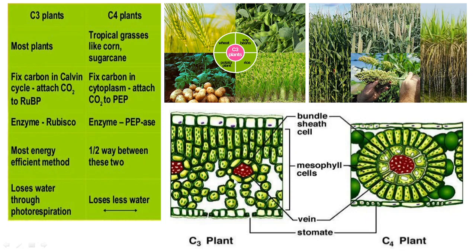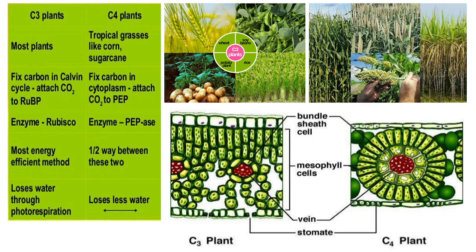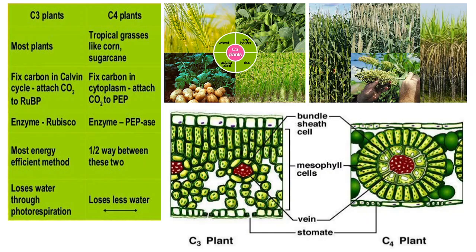So here you can see the C4 plants mainly. The C4 plants have the mesophyll cells. This is the TS of the leaf, LS of the leaf.